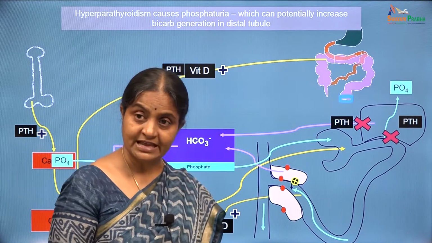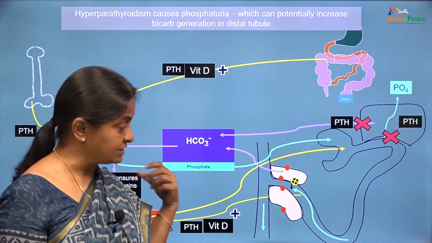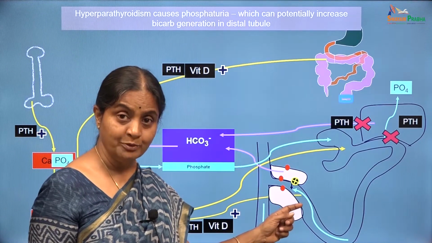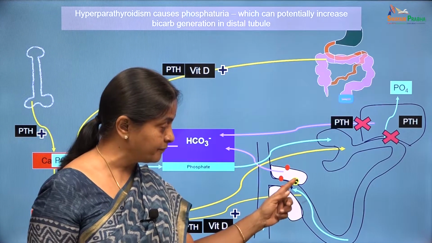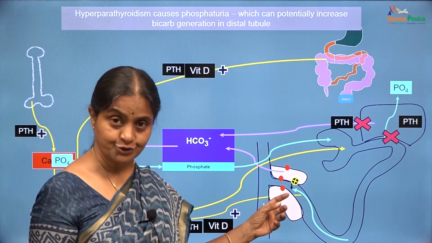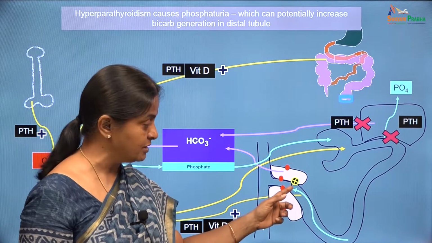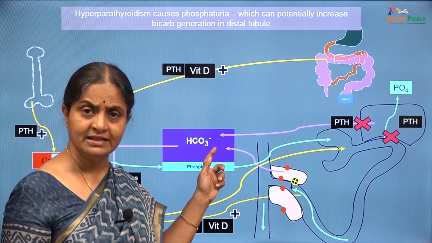Why it is important to understand this is that in hyperparathyroid states, phosphate availability in distal tubule is high, and you may think phosphate is a urinary buffer. If more of it is available, there can be more of proton extrusion, because there is a buffer in urine, more protons can be extruded, and that will result in a metabolic alkalosis, and you could think, why does not that happen?